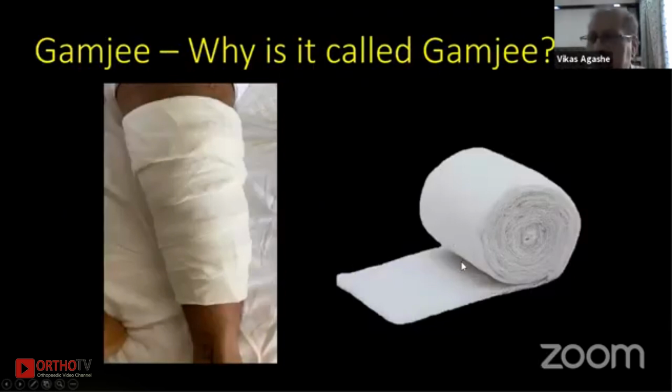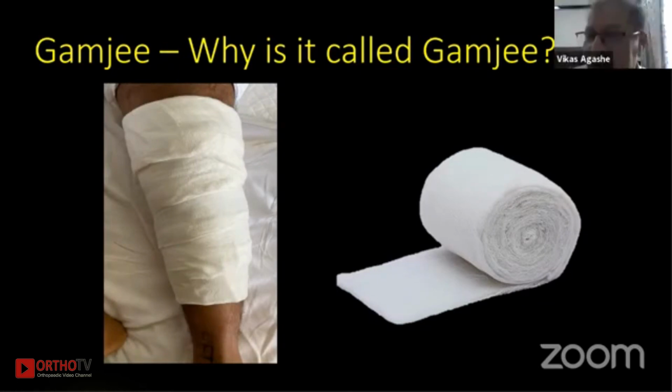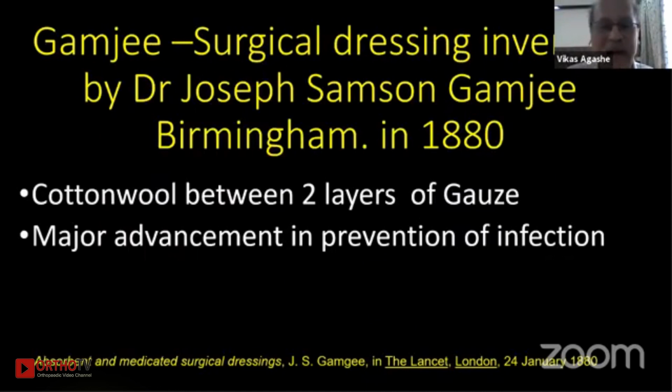We have been using Gamgee. You know why Gamgee is called Gamgee? It was one of the first. Yeah, I think there was a surgeon by the name Gamgee who first used it. Correct. Absolutely right.